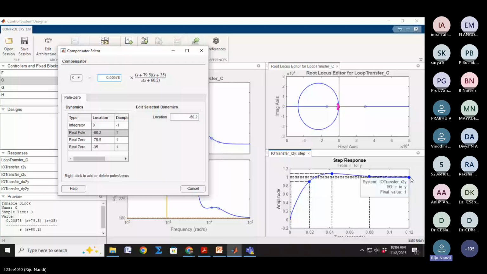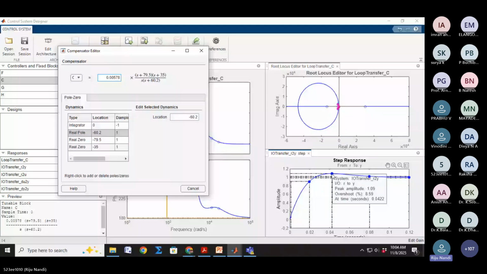So you have to control this part. After the controlling, I got the overshoot at a minimum, like 8%. You can go further by changing the gain value and some pole-zero values. It can go down to 5% also, but I have done 8.59%.